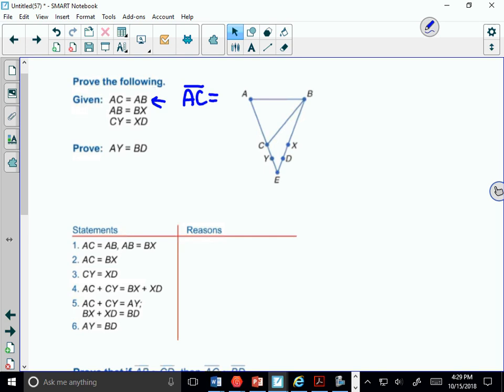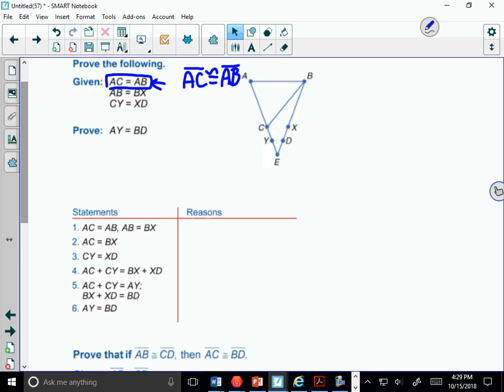And if it says congruent to, congruency can only be technically between line segments. It has nothing to do with numbers or measures. Whereas if I just write it like this, I'm talking about the measure of a segment. So, okay, and I'll show you why that's important in a different one.